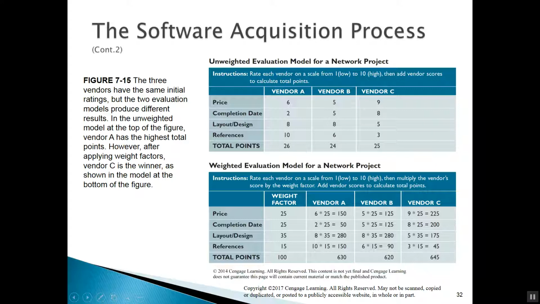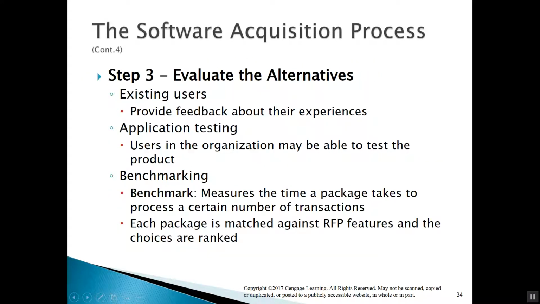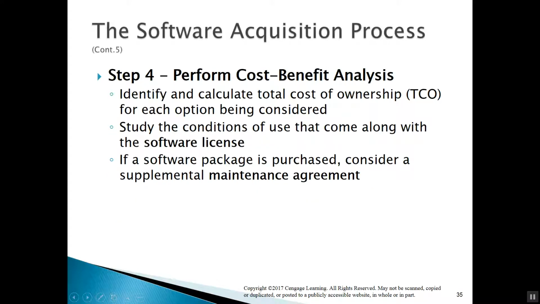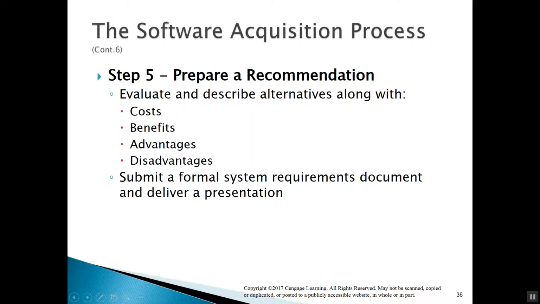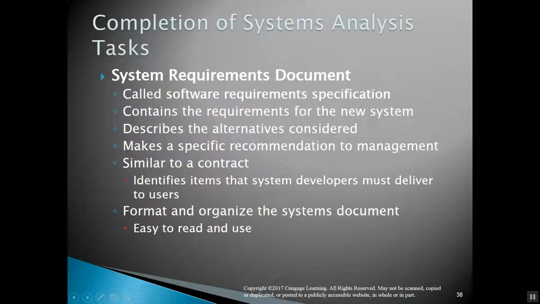Go ahead and create models weighting different things, price, completion date, layout, design, references, and score each one so we can compare them. We talked about doing a cost-benefit analysis. Then we'll come up with a recommendation on whether we build or buy.